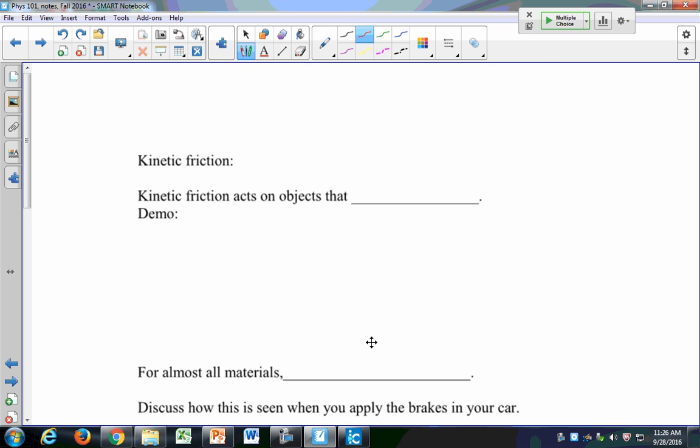Now kinetic friction, which we call Fk, a lowercase script f k, acts on objects that are moving. And our Fk here is going to be very similar. It's equal to mu k times the normal force, where mu k is our coefficient of kinetic friction and N is our normal force.